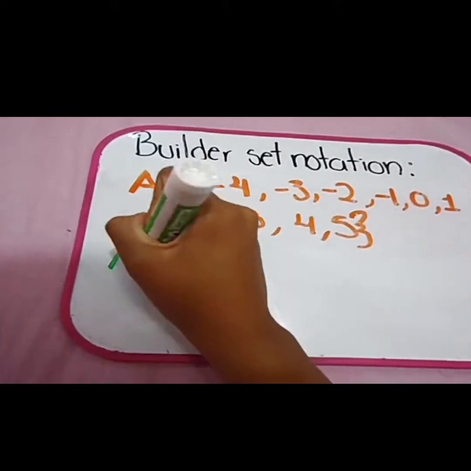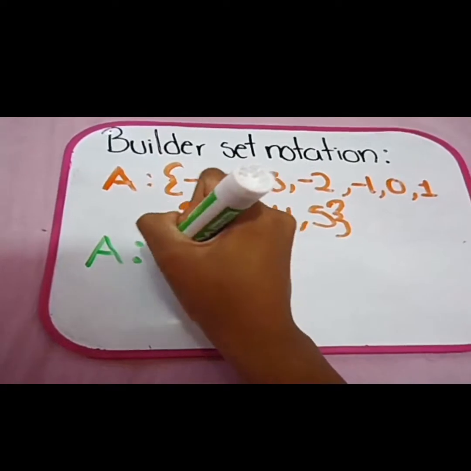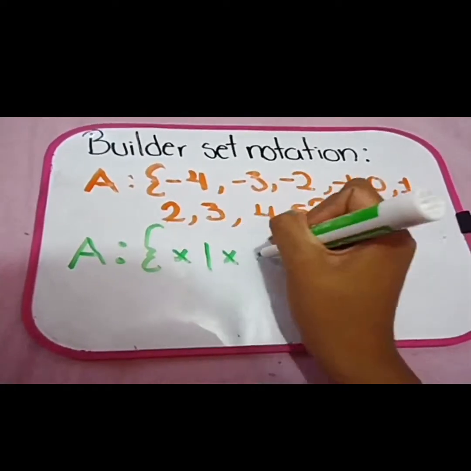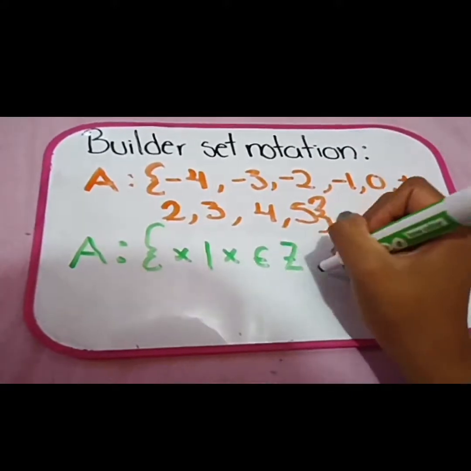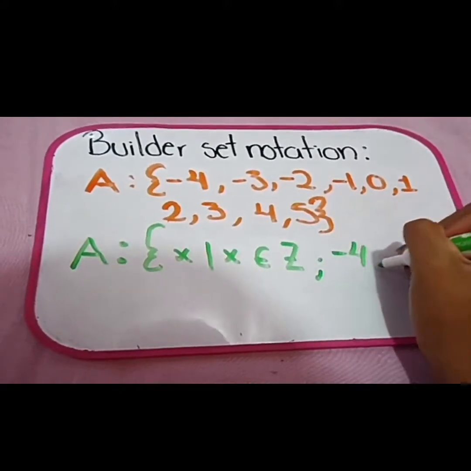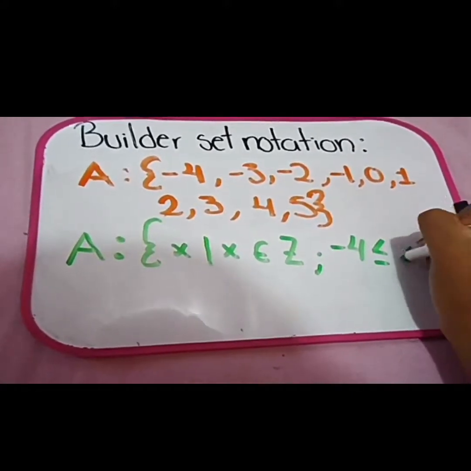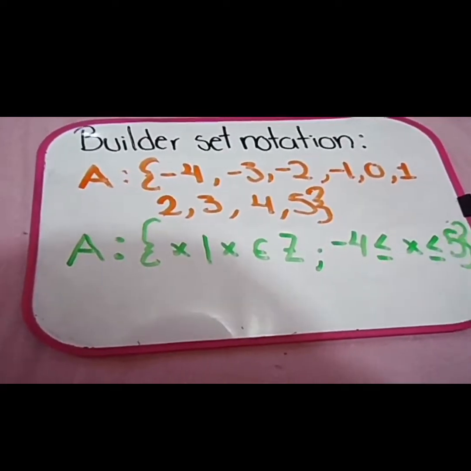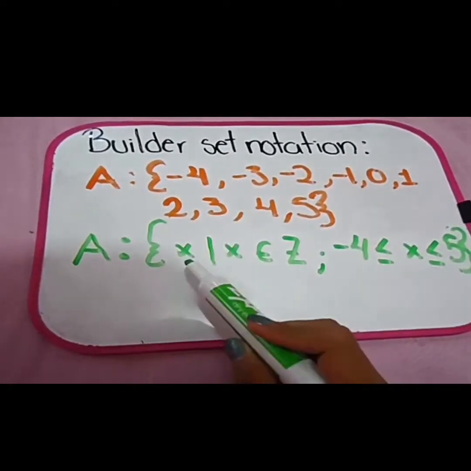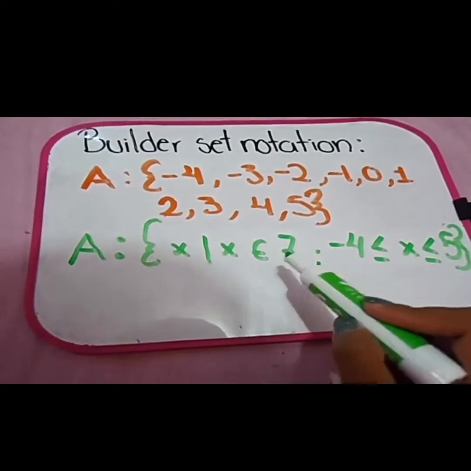We're gonna put the A, then we're gonna put x such that x belongs to integer numbers, because we have negative and positive numbers. We're gonna specify that we want the ones that are in the range of -4 and 5, and the numbers that are included, we also want to put -4 and 5.